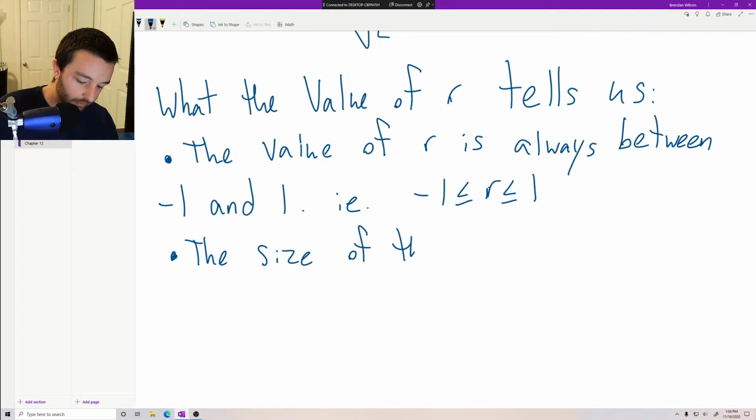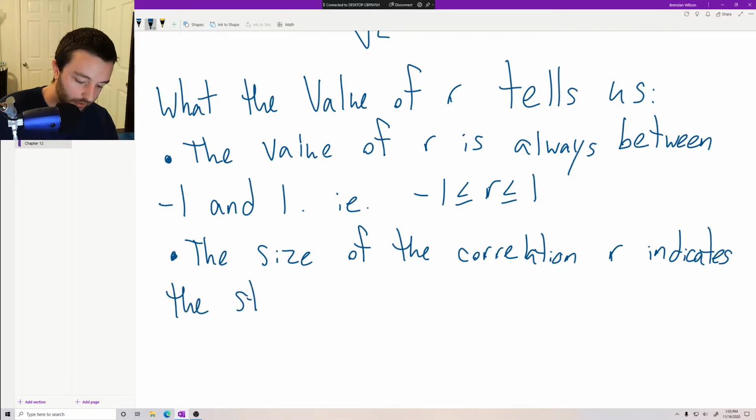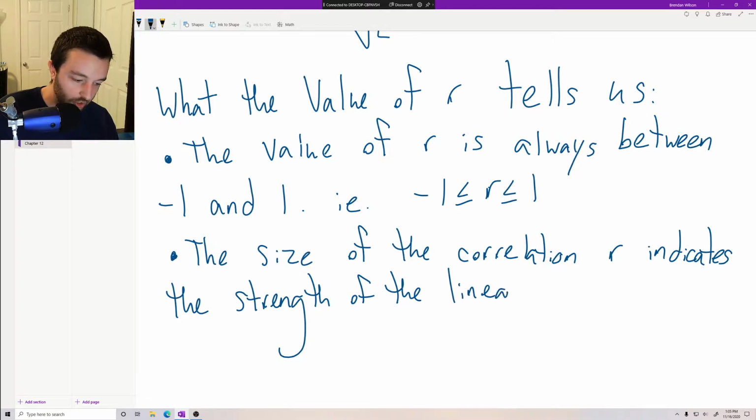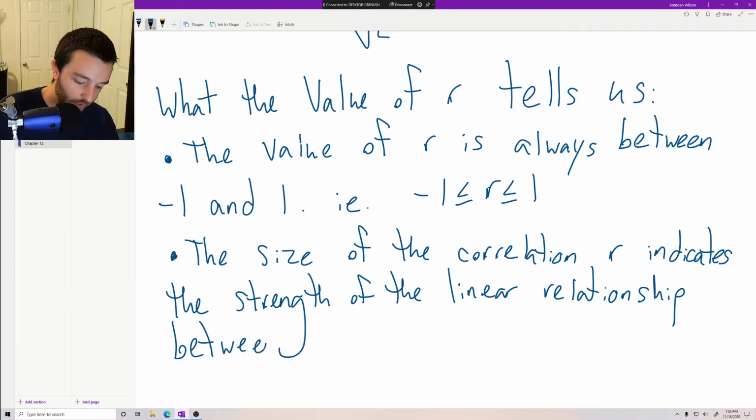The size of the correlation R indicates the strength of the linear relationship between X and Y. Okay.